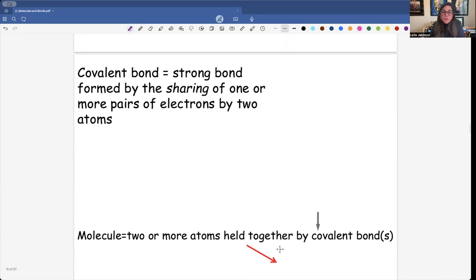Okay, so I'm going to show you, for example, how carbon has 4 electrons. Let's use it. 1, 2, 3, 4. So what did I illustrate here?